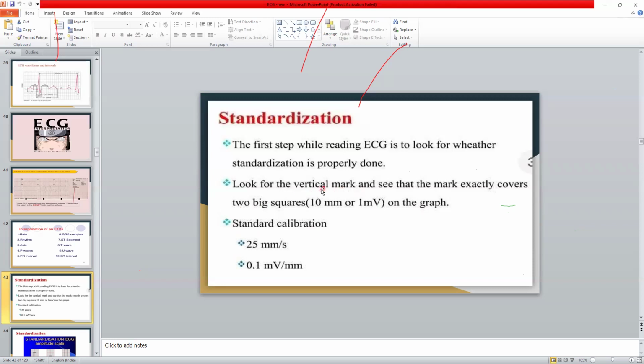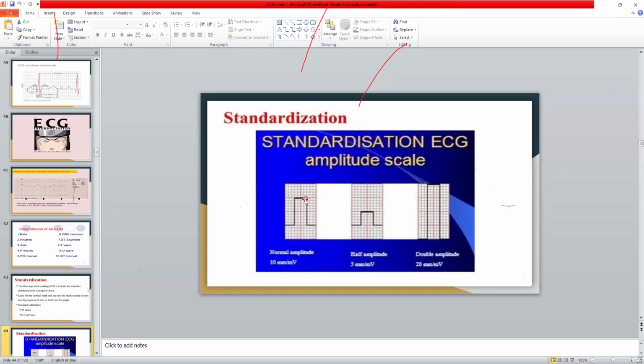Normally, the vertical mark is seen at the top end of this graph. I will show you the graph. See, this is the upper level of the vertical amplitude. Normal amplitude is 10 millimeters per millivolt, that is 2 large boxes. Half amplitude is 5 millimeters per millivolt, that is 1 large box.